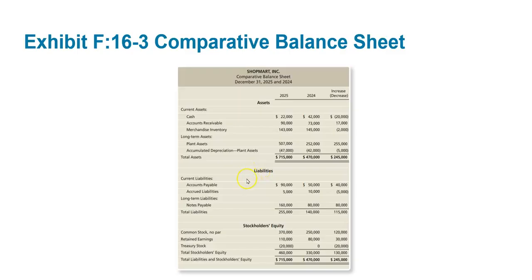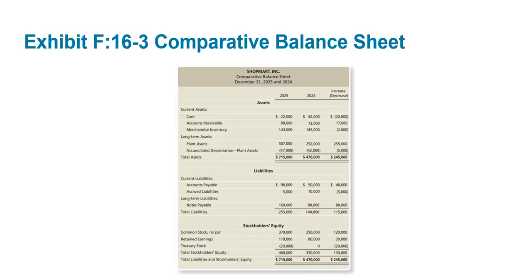At the bottom, what we'll also need from here is the difference in retained earnings. I want you to notice the difference in retained earnings is $30,000. And retained earnings consist of net income minus dividends, right? We noticed before that net income was $40,000, but the change in retained earnings is only $30,000. So the difference between those two would be the dividend that was paid out.